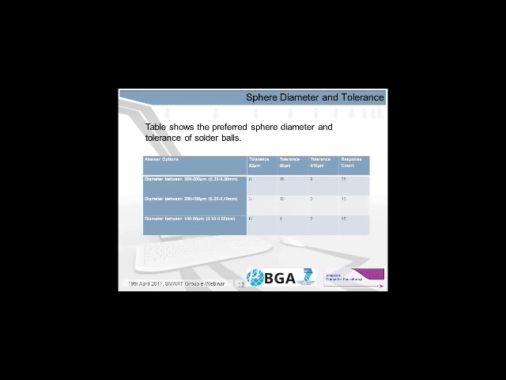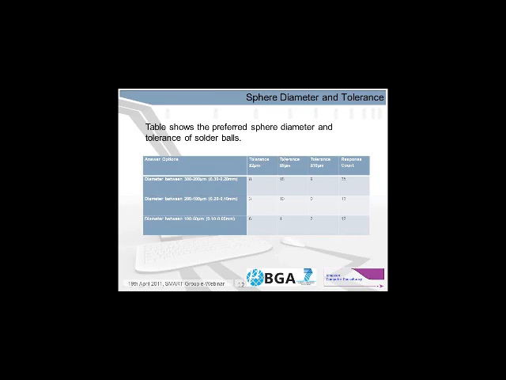Looking at a table that shows the preferred sphere diameter and tolerance of solder balls, we asked in the survey the tolerance that would be acceptable for spheres of diameters between 300 microns to 200 microns, between 200 microns and 100 micron, and sub 100 micron down to 50 microns.